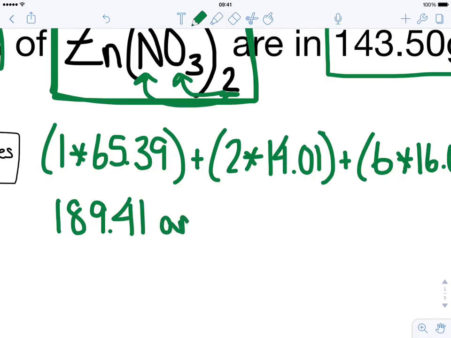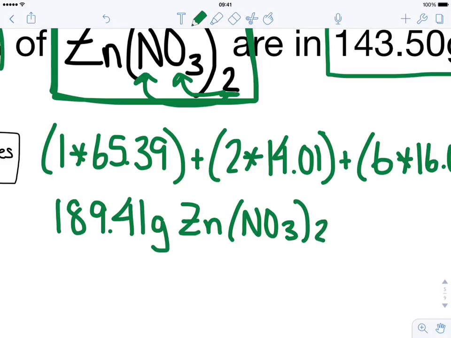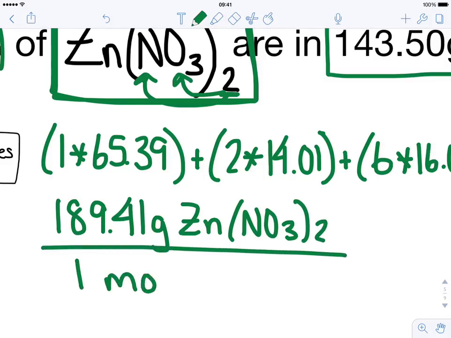Now remember, in the previous section we would have put AMU, but in this section we're going to write it as a molar mass, so grams per mole. So there are 189.41 grams of Zn(NO3)2 in 1 mole of Zn(NO3)2.